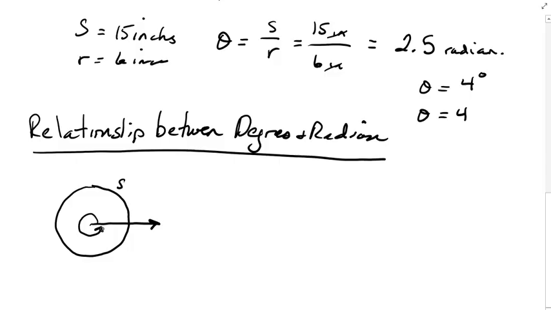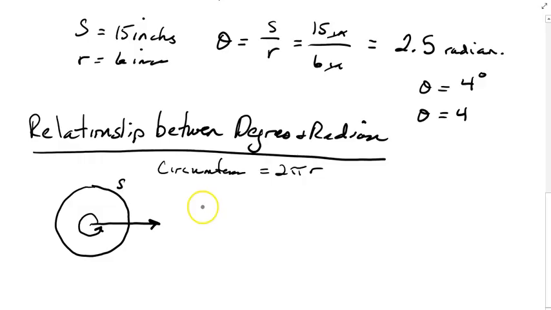Well, we know the measurement of that arc because you learned in your high school geometry classes that the distance around a circle is called a circumference. And you know that the circumference is 2 pi r. For any circle, that circumference is the same, 2 pi r.